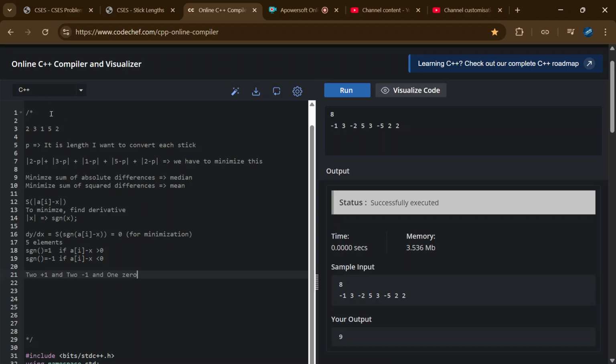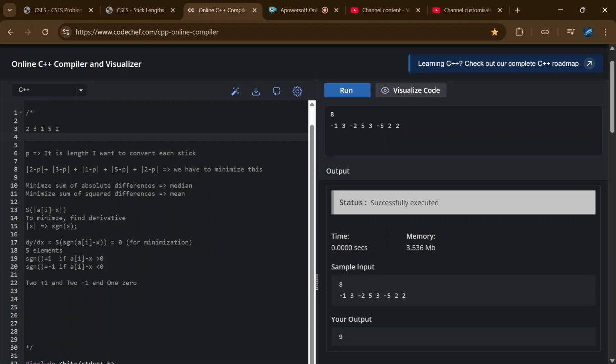Okay, suppose we need it sorted also to see the half. Okay, 1 2 2 3 5. So here I want this middle one. This would be 0.